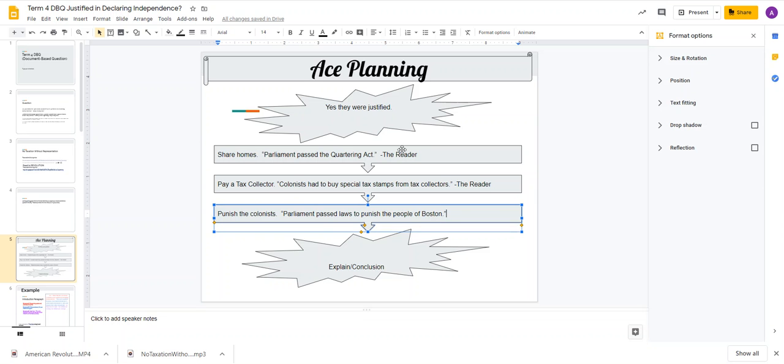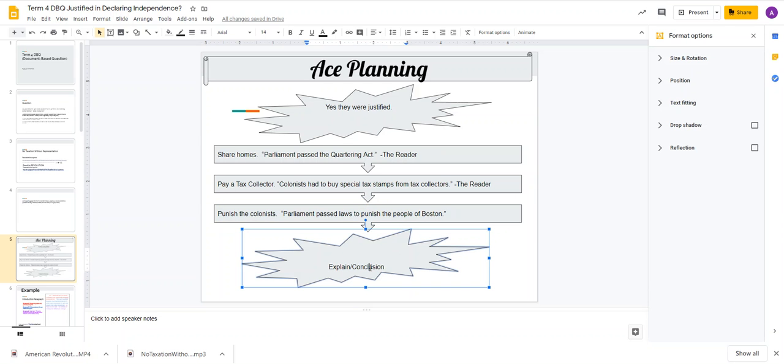Now, 2 of these quotes are going to come from one document, and 1 of these quotes is going to come from the second document. Do not forget to use both documents. Now, my last part of the graphic organizer is to explain and then my conclusion. So with my explanation here, I'm going to say why I think these reasons let the colonists be justified in declaring independence.